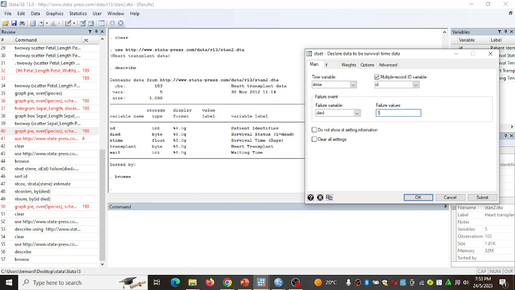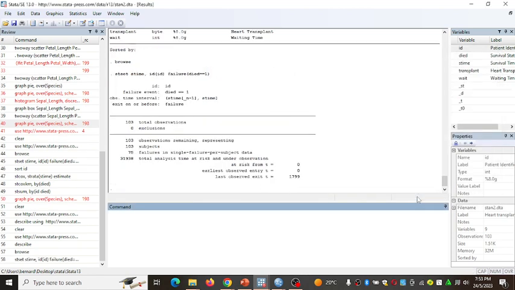So 1 is the failure value that represents the dead. So 1, he died. That's our failure variable, and 1 represents that occurrence. So you just click OK.